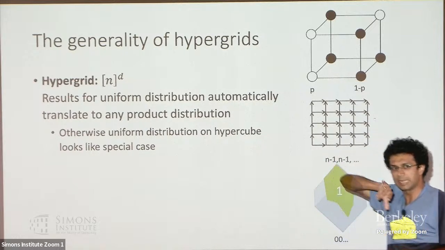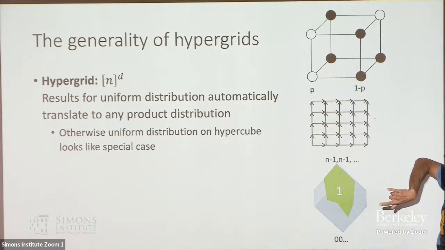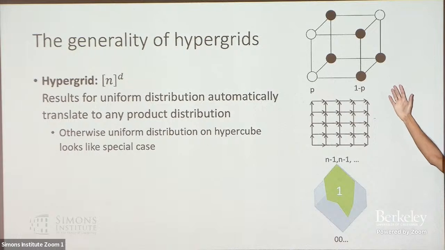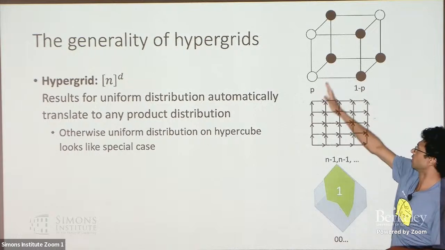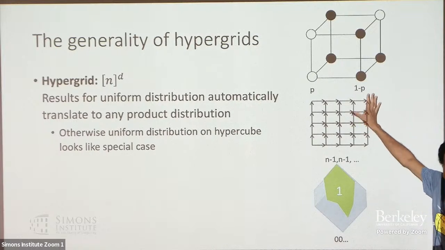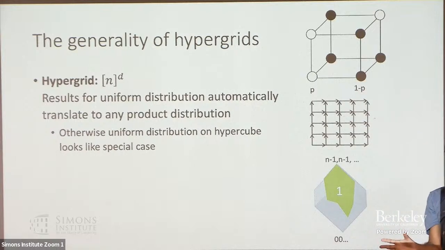But something that's really nice about the hypergrids is essentially, suppose you want to do property testing on hypercubes under some other product distribution. So each coordinate is chosen with probability p to be 0 and probability 1 minus p to be 1. You can automatically translate that into a hypergrid problem.